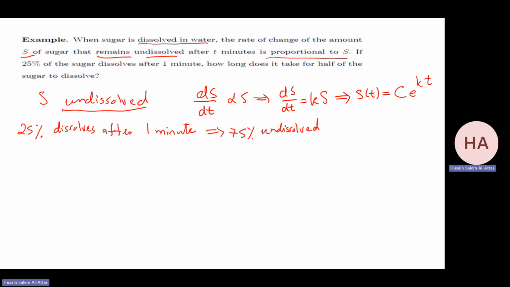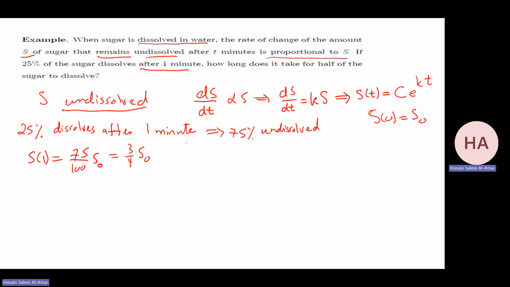So what kind of information do I have? For sure, S at 0 we call S0, like what you usually do. But now, after 1 minute, S at 1 is 75 over 100 of S0, which is 3 over 4 S0.